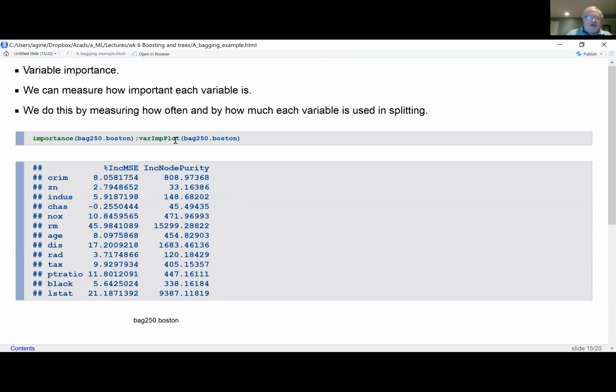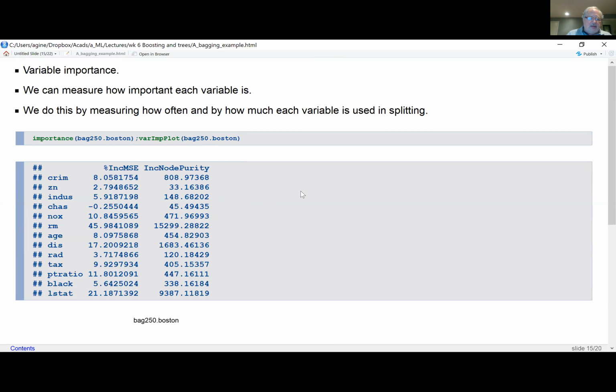So I said the variable importance tells you how much it did. So let's see. This shows you for each of the variables the percentage increase in MSE, or decrease, that you got from these variables.